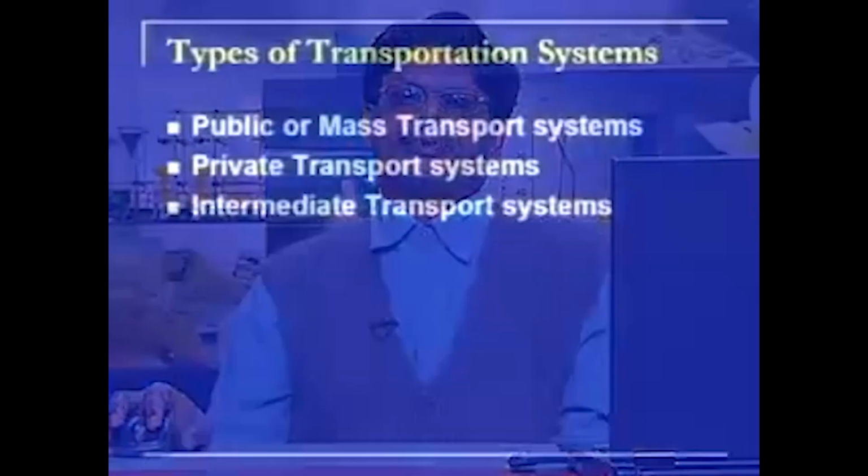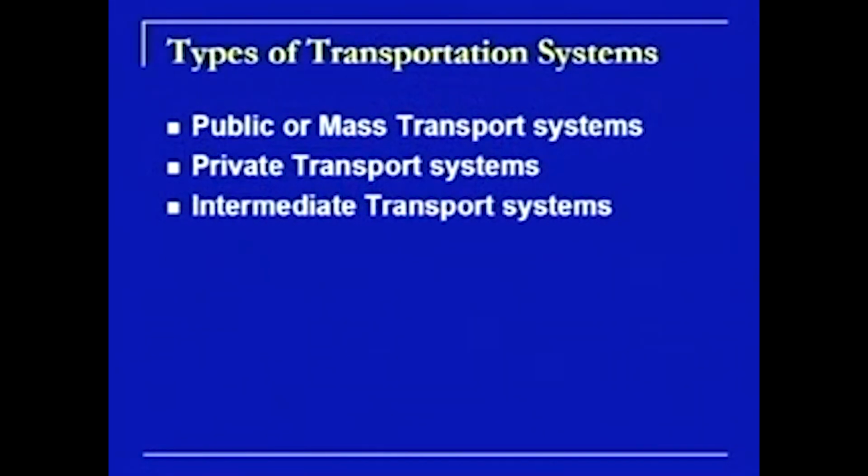Then there is a private transport system where you are using your own vehicle. You may be using your car, you may be using your scooter, you may be using your bicycle so as to move to another place. That is the private transport system. In between the private transport system and the public transport system is the intermediate transport system.